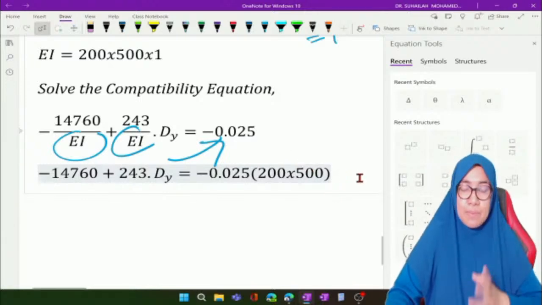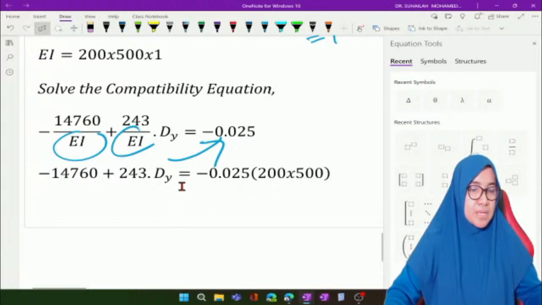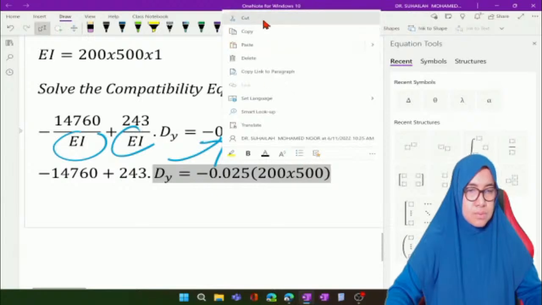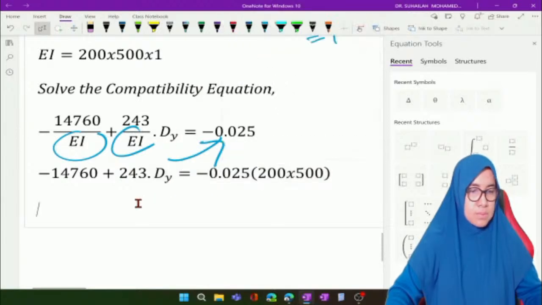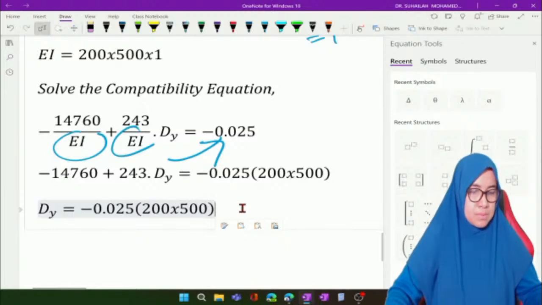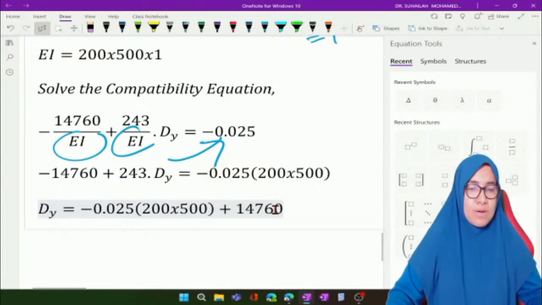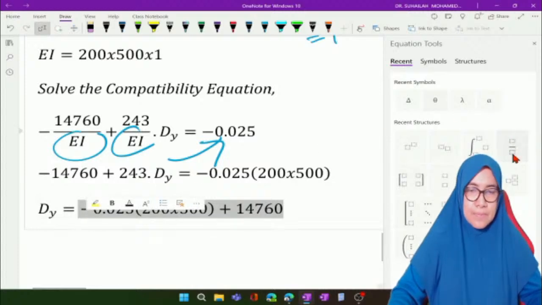So simplifying this, what we get is dy is equal to plus 14760 divided by 243.